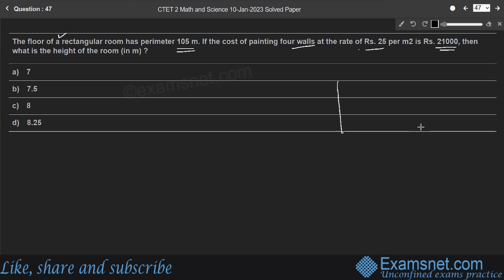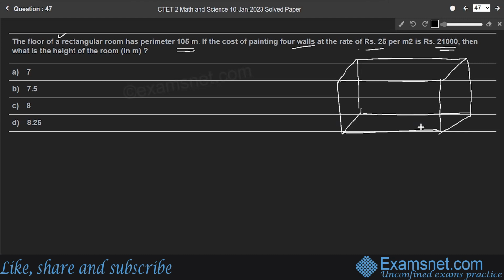So for that, we'll consider the three-dimensional view of the room. So rectangular room like this. So perimeter of the floor is 105, right?